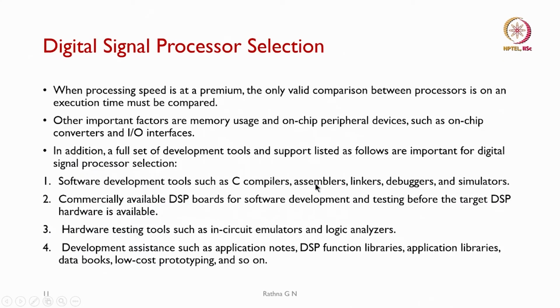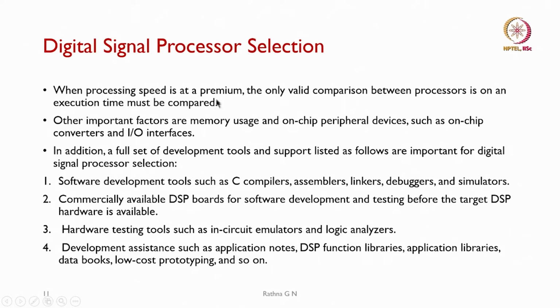That is how the list shows the DSP applications with relative importance rating in this table. Coming to the processor selection: when processing speed is at a premium, the only valid comparison between processors is on execution time. How fast, because I need the algorithm or application running at most speed.